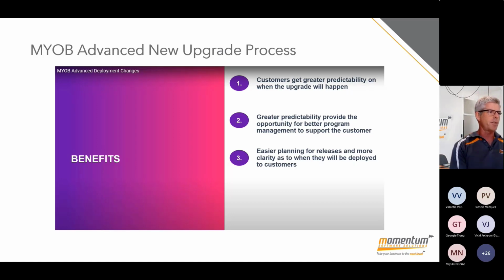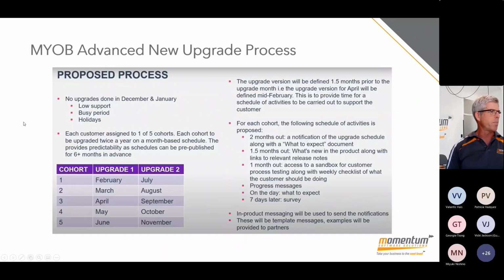So the intention is to make that more predictable and less disruptive going forward. And so the proposed change is that there will be 2 major upgrades per year, 6 months apart, and customers will be put into a cohort which determines the months that those upgrades will occur.